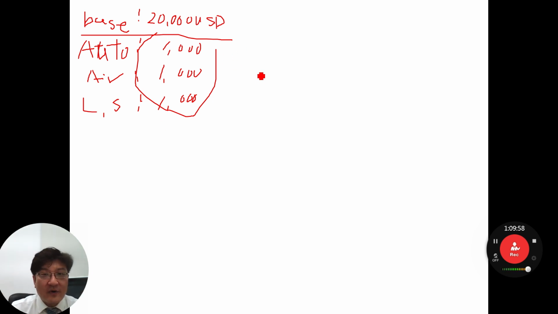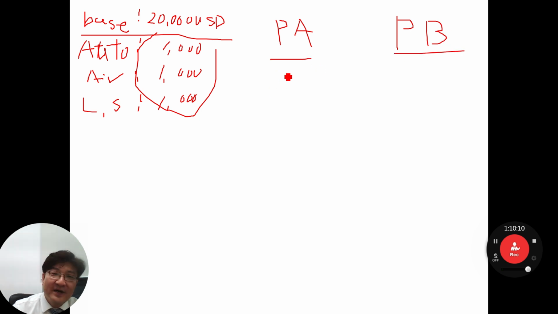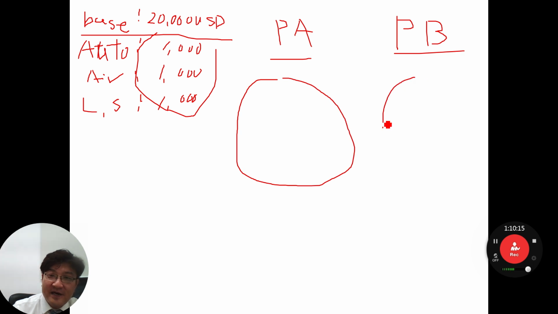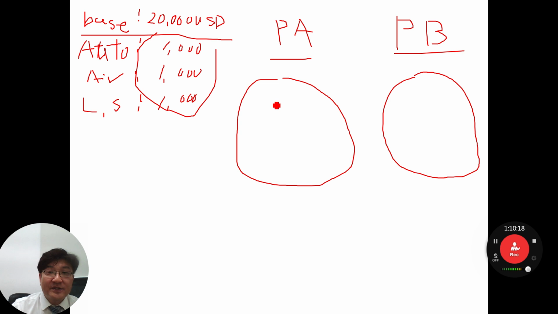Suppose that, okay, I'm gonna give you two pizzas, pizza A and pizza B. One pizza is over here. Pizza B. Okay, one difference is that in the pizza A, okay, we showed a pizza with all the toppings.